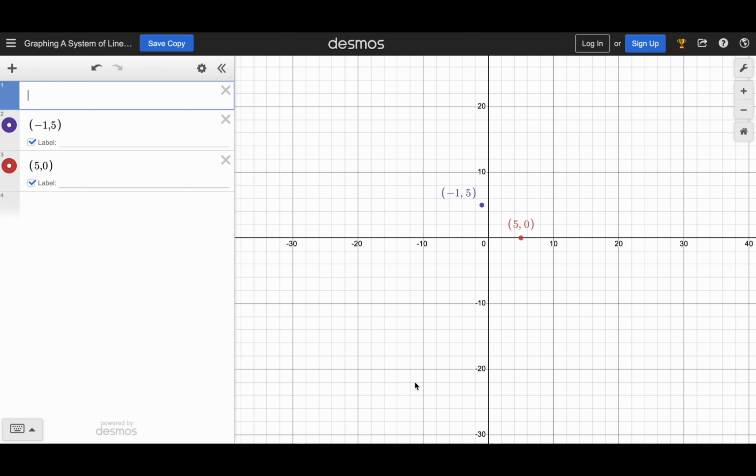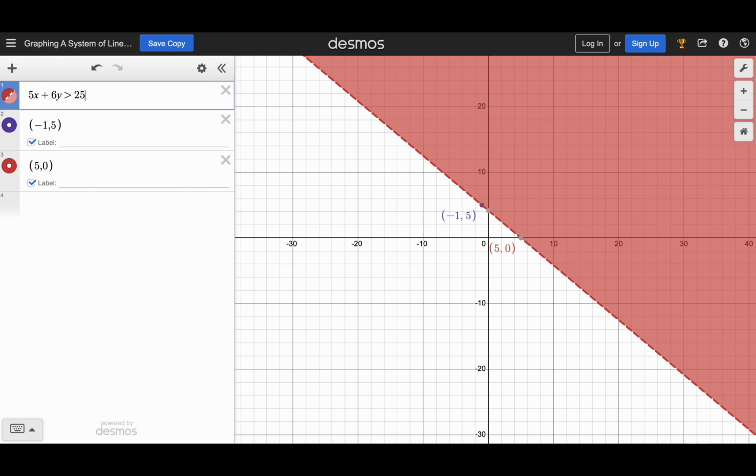Now we are here in the Desmos site. So let's try to plot this one. Assume that we already have our given points, and then we will input the linear inequality: 5x plus 6y greater than 25. Now, this is the shaded region.